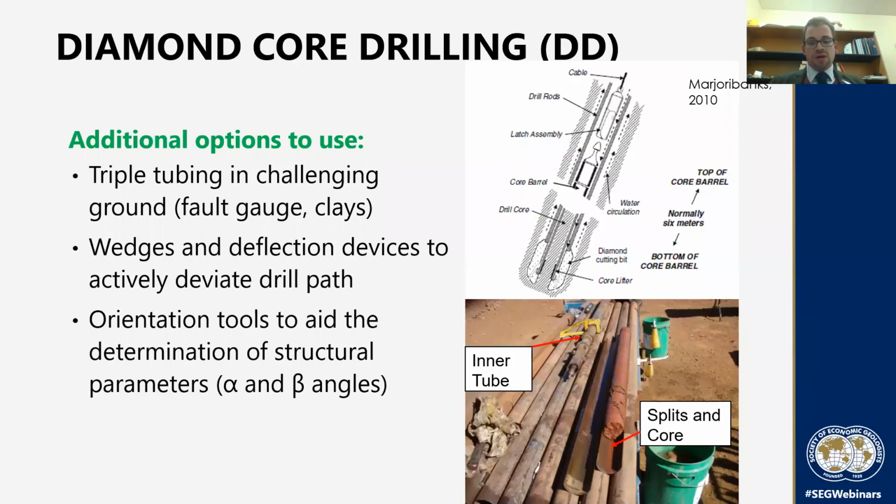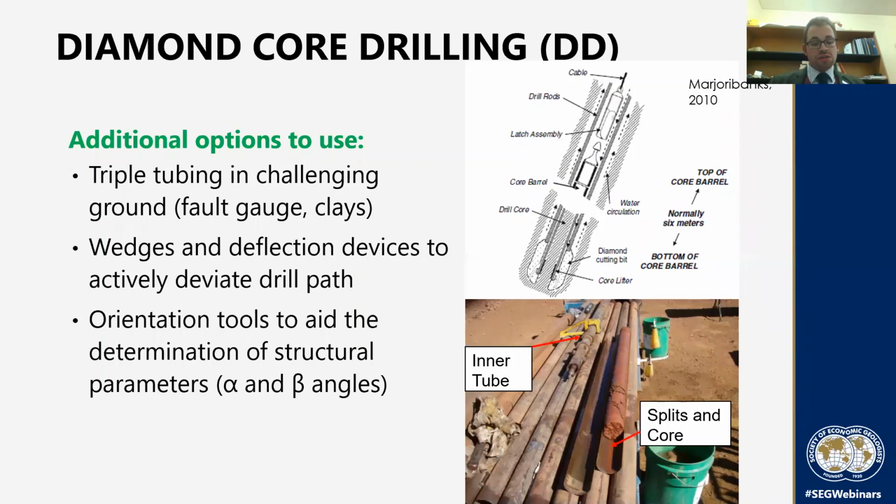You can also employ orientation tools during diamond drilling. These orientation tools, such as the spear tool or the ACE tool, as they're known in industry, help the driller and the geologist to reconstruct the original orientation of the piece of core in the drill hole.